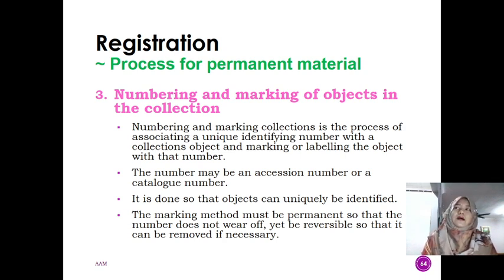It's almost the same with other institutions, because the purpose of doing registration, cataloging and marking certain objects is so that the object is uniquely identified, so we know that number or that mark represents that object. The marking method must be permanent so that the number does not wear off, yet be reversible so that it can be removed if necessary.